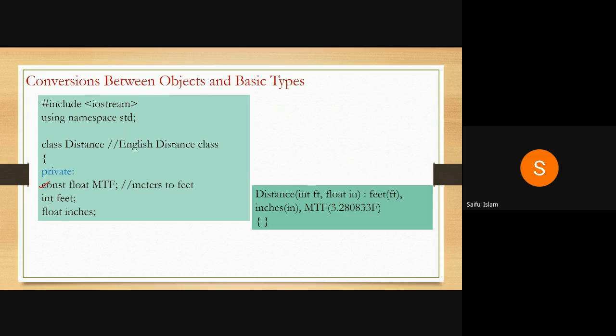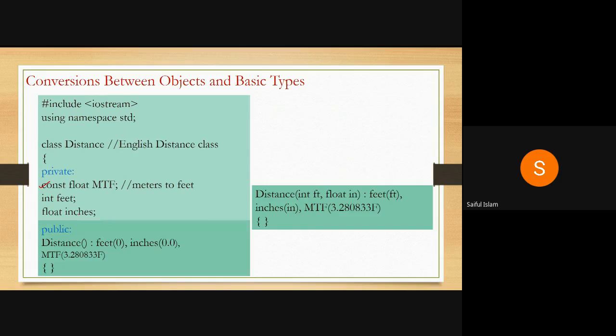Then you have an integer feet, then a float inches. Within this, you add one more constructor. This constructor is a zero-argument constructor, initializing feet to 0, inches to 0.0, and the constant to 3.2808333, a floating point value.